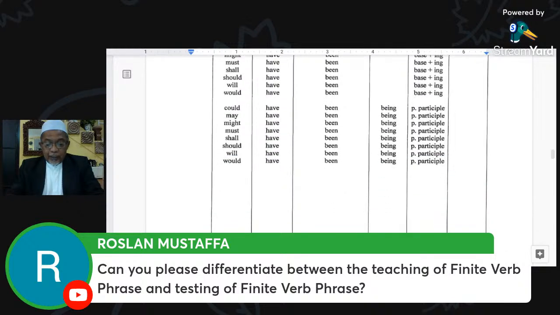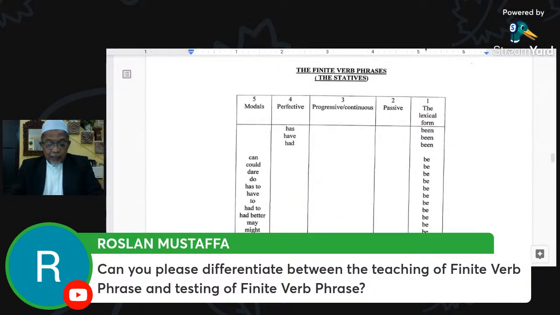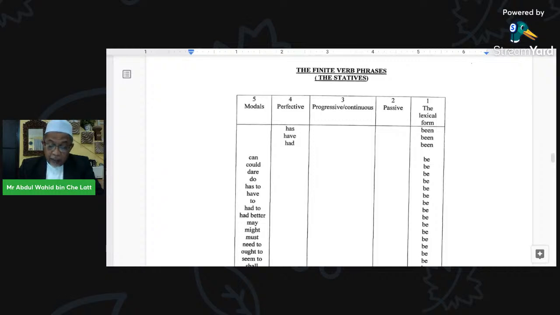Okay, first we need to introduce the form and function of the words in column 5, followed by words in column 4, and then column 3, 2, and 1. Then we proceed with the system by introducing 2-1 passive form, 3-1 continuous form, and 4-1 perfective form.